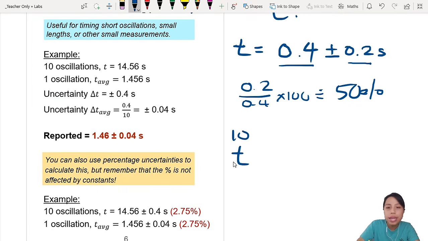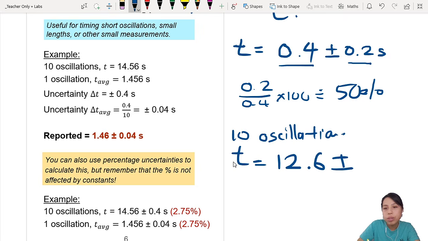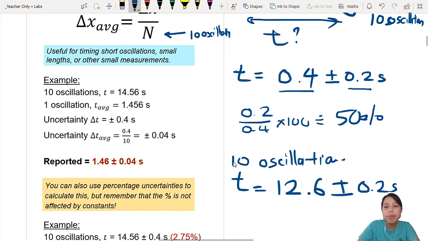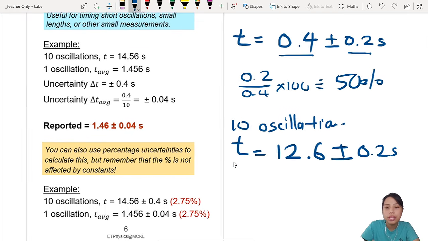So you do 10 oscillations, and maybe your time is 12.6 on the stopwatch. Then your uncertainty in measuring those 10 oscillations is only 0.2 because you click only one time. Some of you say, I start and then I stop, so there are 2 times. Okay, sure, then you do 0.4 uncertainty. But anyway, here you're measuring 10 oscillations.